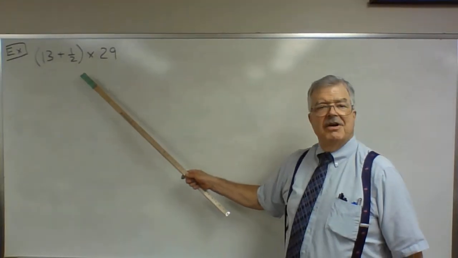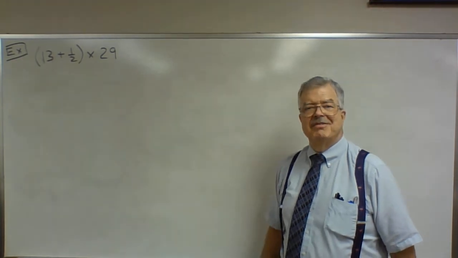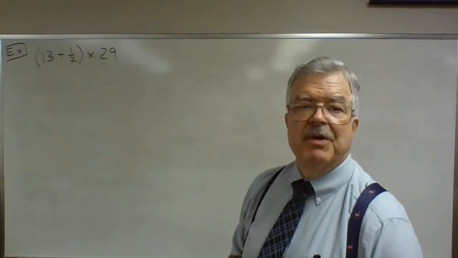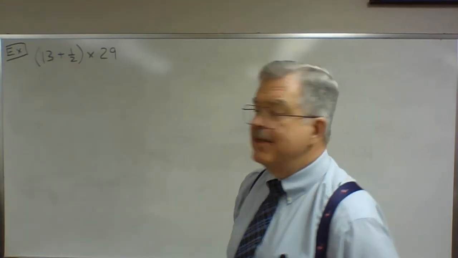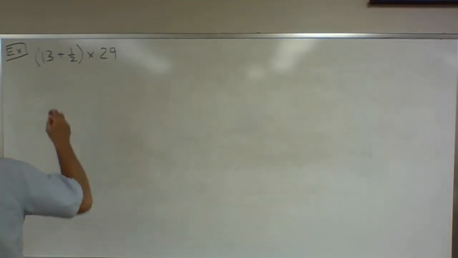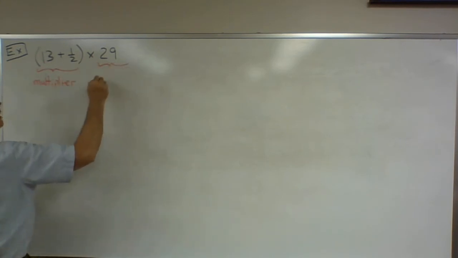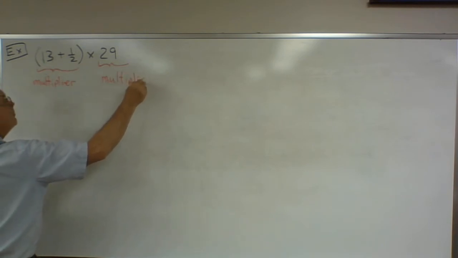Okay, let's start off with this son of a gun. First, I'm going to identify the multiplier and the multiplicand. This guy is the multiplier, and this is the multiplicand.